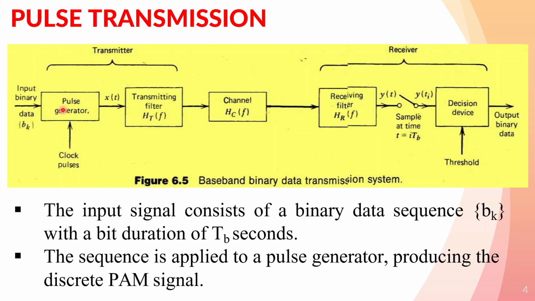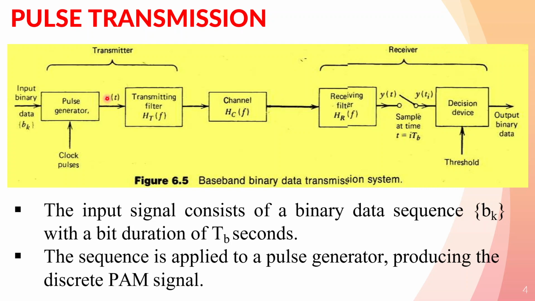The pulse generator is supplied with clock pulses, in order to sync the input and output. So the pulse generator has two inputs, one is our binary information, ones and zeros, and the clock pulses, and these two get multiplied to produce the pulse train x of t.